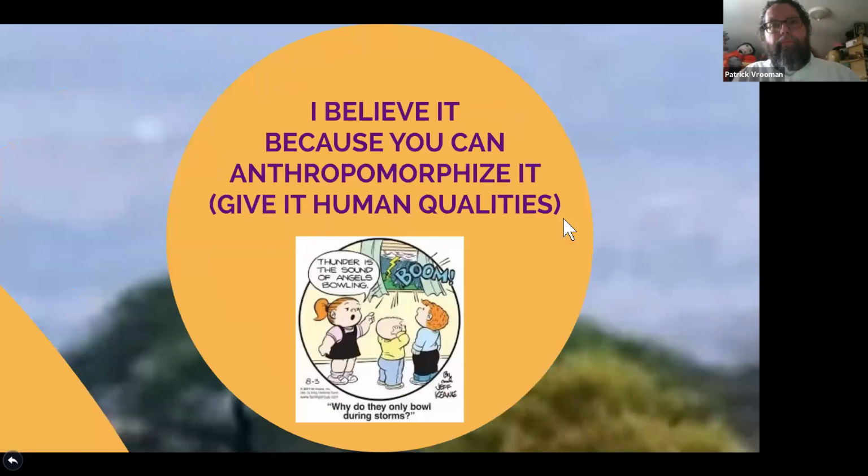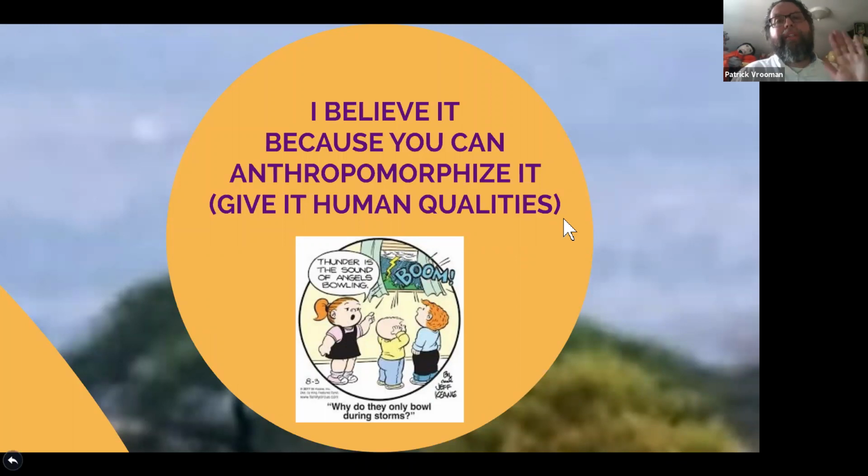So for example, you may believe something or not believe something based upon a metaphysical critter, if you can anthropomorphize it or not. So if you can give it human qualities, if you can humanize something, then it's believable or acceptable to you.